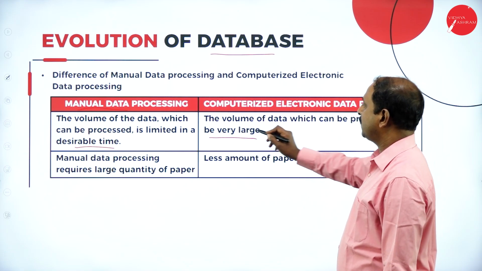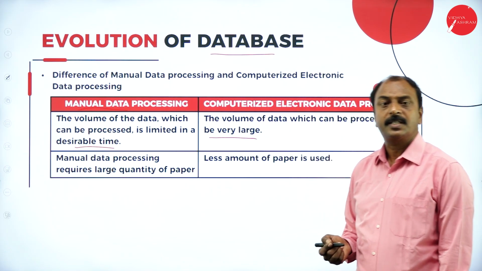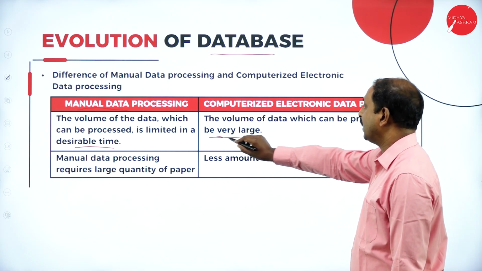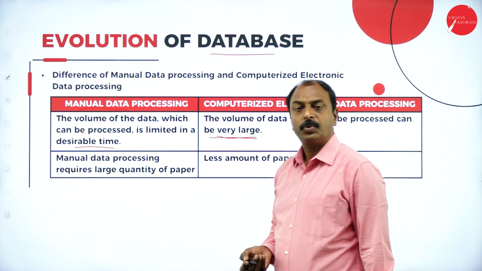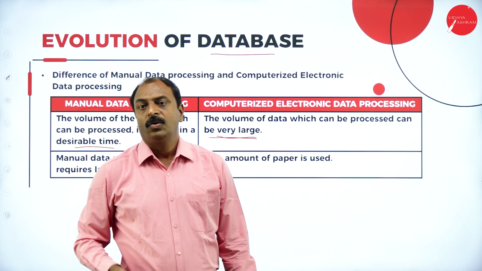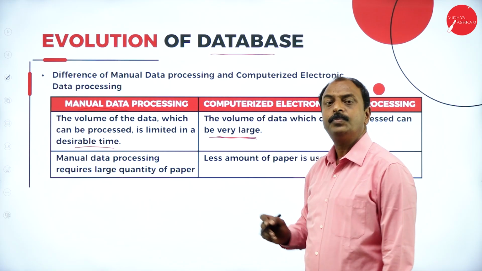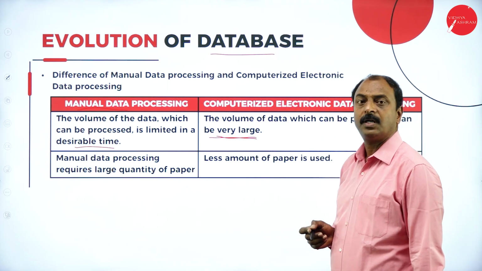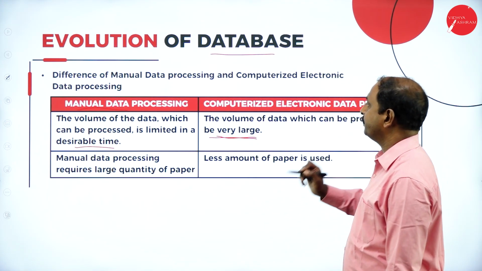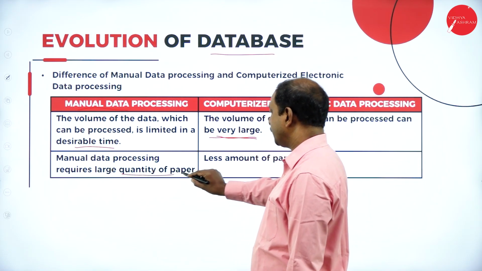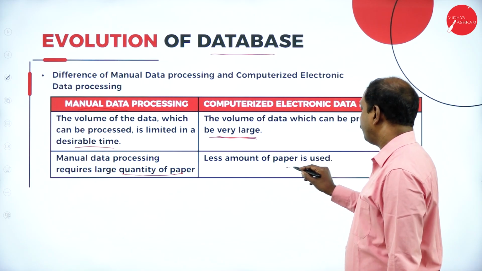But nowadays we are using computers, as we have seen, with their characteristics. So the data that can be processed is very large. That means we can process a large amount of data within a short period of time. That is the advantage of the computerized or electronic database system. Next, manual processing requires a large quantity of paper, while the electronic system uses less paper.